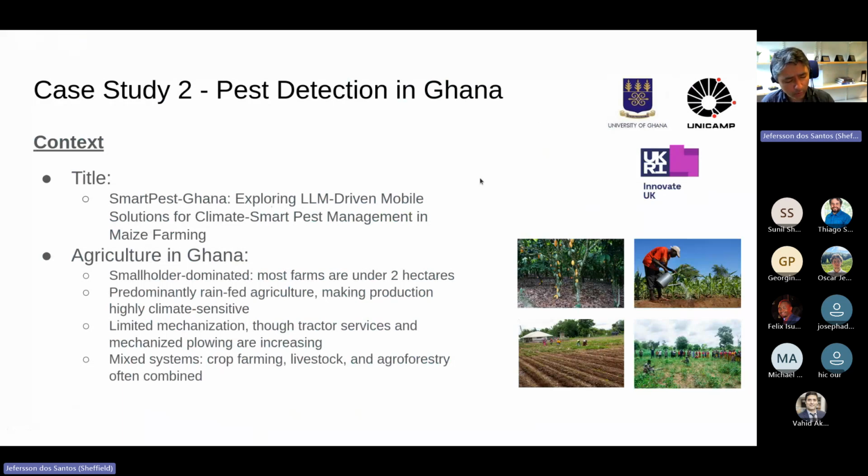In this project, we have another colleague of mine here in Sheffield who works more on using mobile phones to analyze some pests or other issues, especially on maize farming.